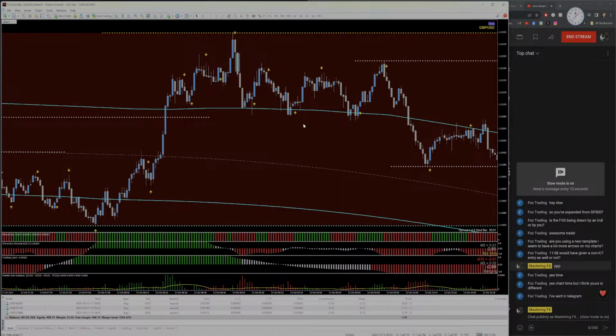So yeah, I saw it. So the non-ICT entry that would have been valid would have been here, because this is the first time that we get a red bar where this is already red and this is finally white.